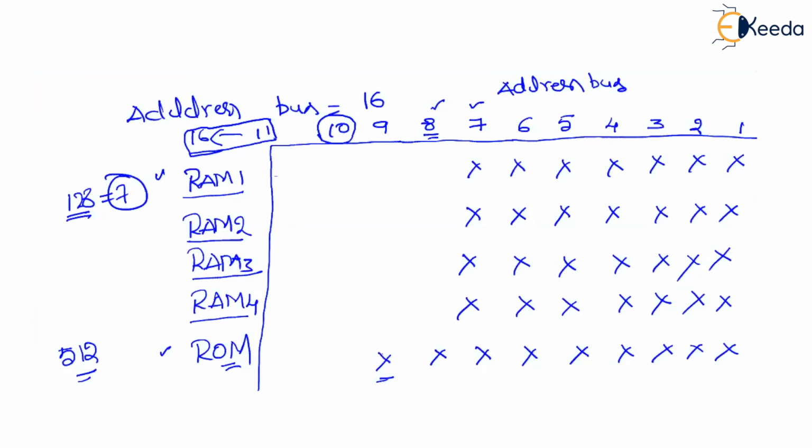From 10th digit to 16th digit, these are not used commonly by both RAM and ROM. So I will take one unused digit between RAM and ROM. Of course, from 10 to 16, I do have a choice. These are not occupied by either the RAM address or the ROM address. So I will use one of the common unused digits, in this case, 10th digit, to differentiate between RAM and ROM.